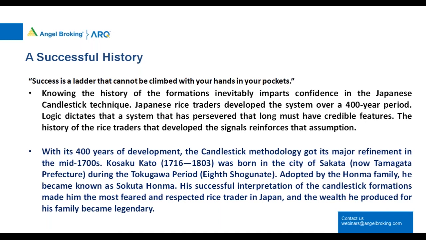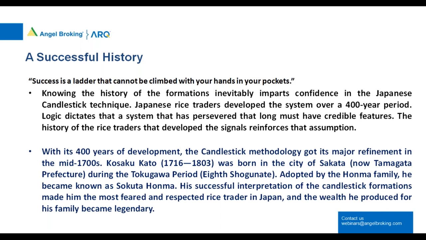So, there were Japanese rice traders who developed a system over a 400-year period, and logic dictates that a system that has persevered that long must have credible features. The point here is that if a system has been in place for 400 years, there must be some value in it.